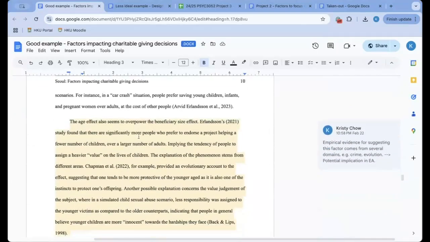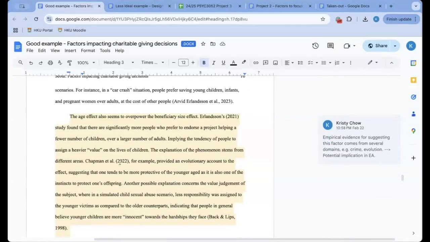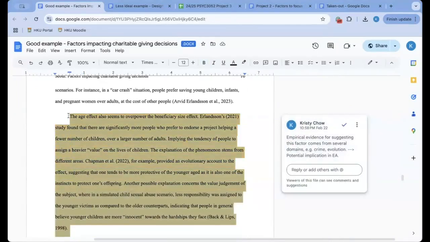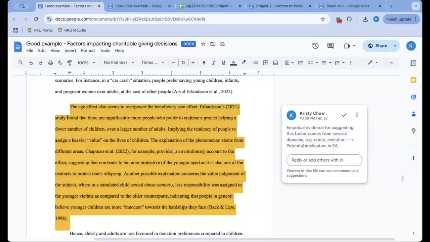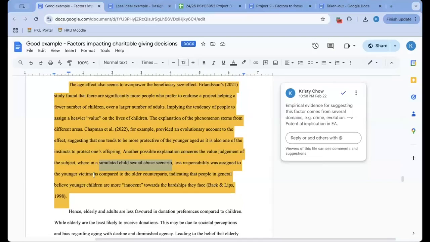But first, the empirical evidence for suggesting this factor comes from a relatively wide domain, which includes an evolutionary perspective and also a crime perspective. This demonstrates that there is a potential implication of this factor in effective altruism.